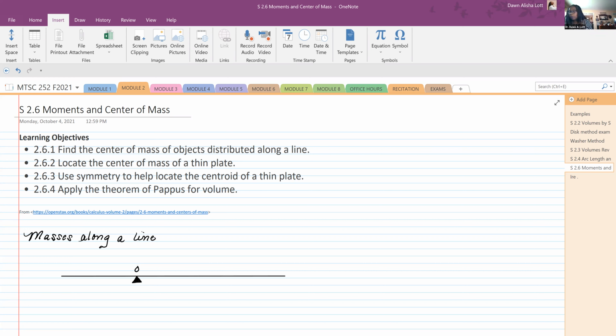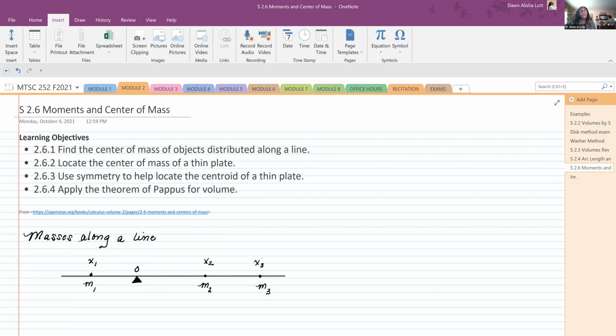Okay, so here I'm going to put a mass M1 at location X1, and another mass M2 at location X2, and I'm going to put another mass M3 at location X3.